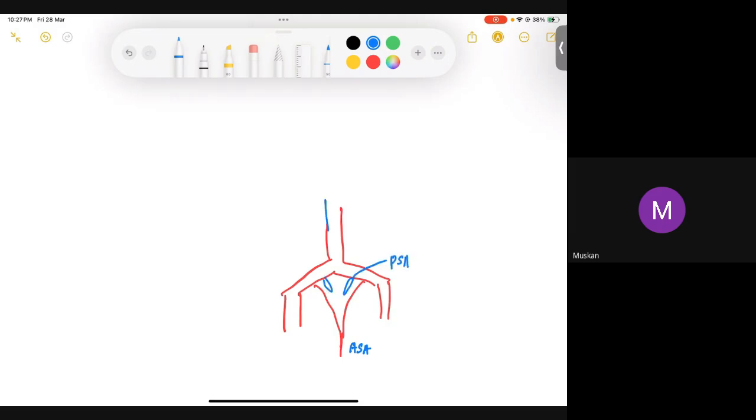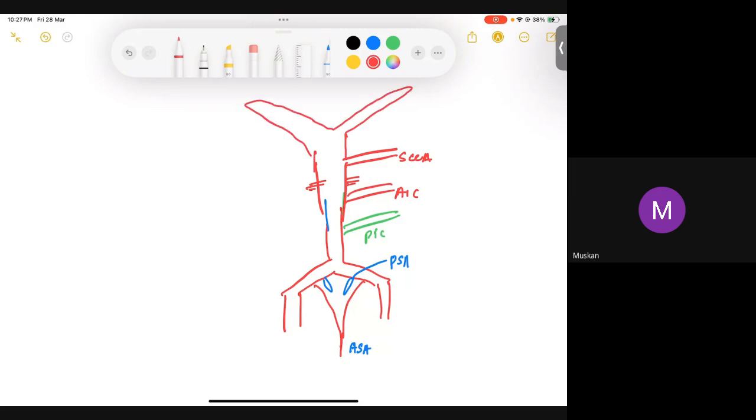Then a branch that is PICA. After PICA, it gives small pontine branches as well. Then it gives AICA, the superior cerebellar artery, and the posterior cerebral artery. Is that clear?